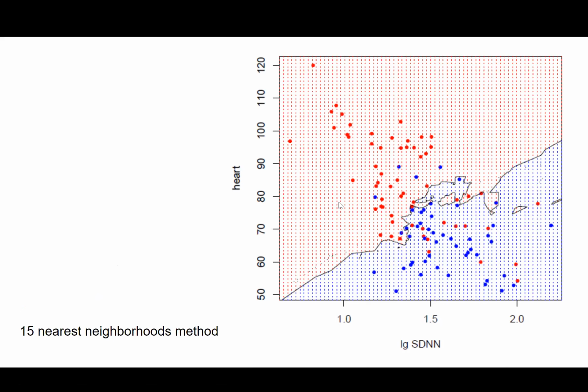For example, we want to classify this point. We have to find 15 neighbors. 1, 2, 3, 4, 5, 6, 7. I don't know, maybe these points will be the 15 neighbors.